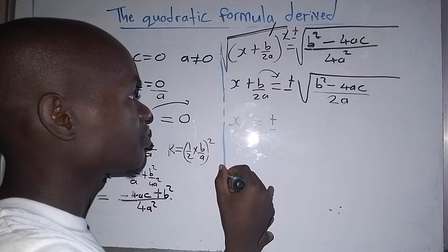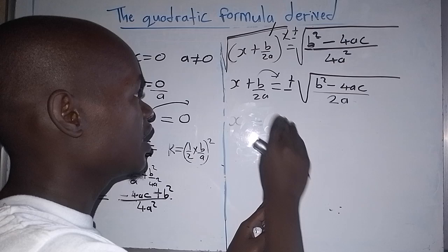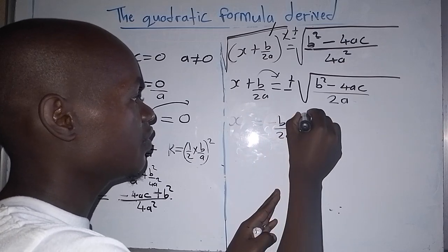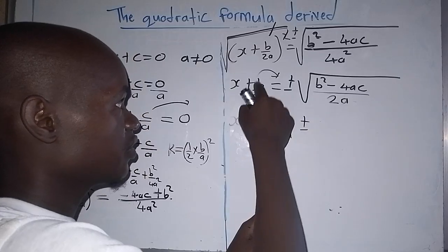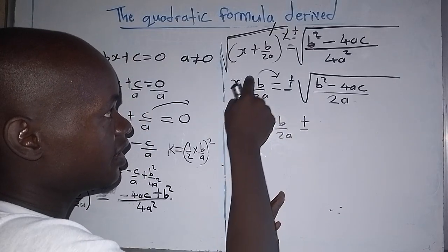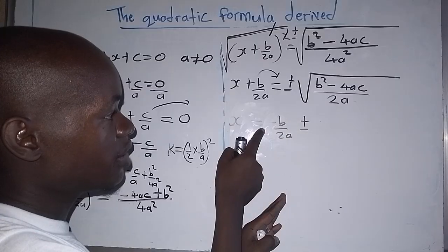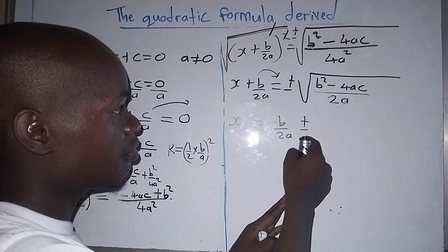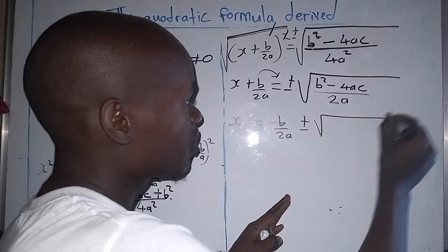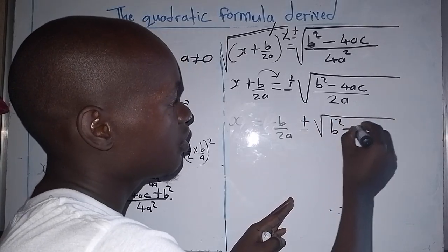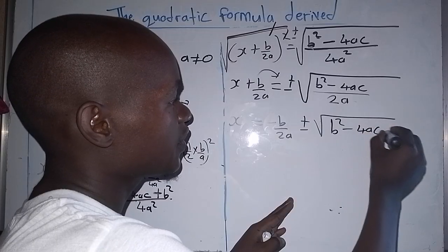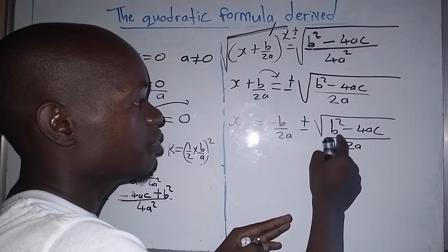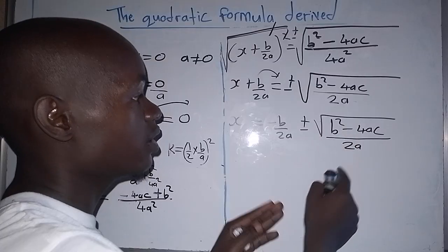So I start with negative b over 2a, then I put plus or minus. This b over 2a has transposed to the other side. What will remain is negative b over 2a plus or minus the square root of b squared minus 4ac, over 2a.